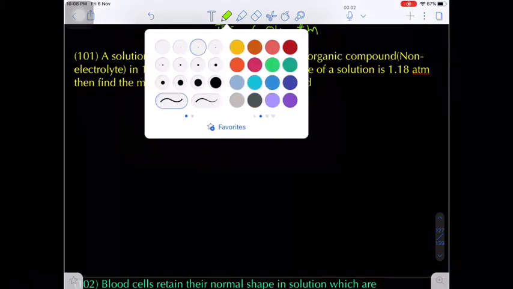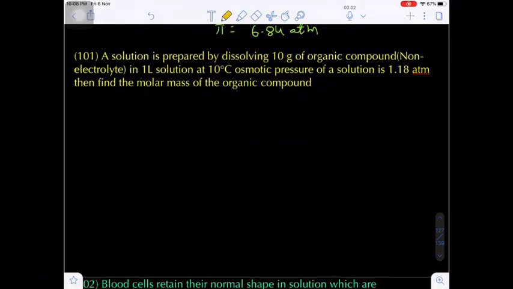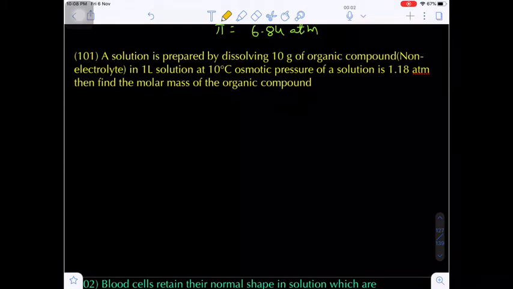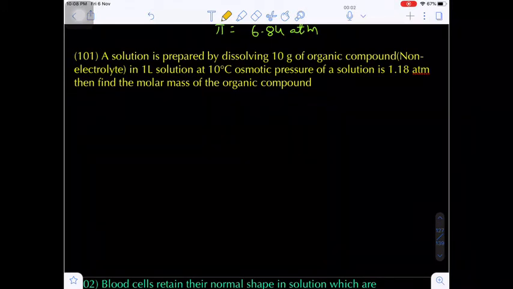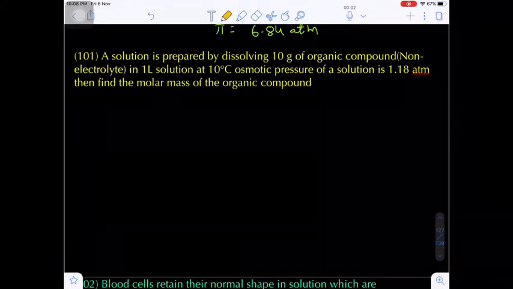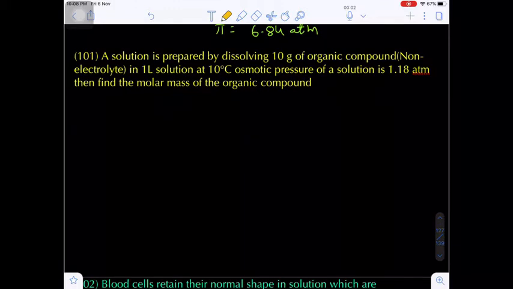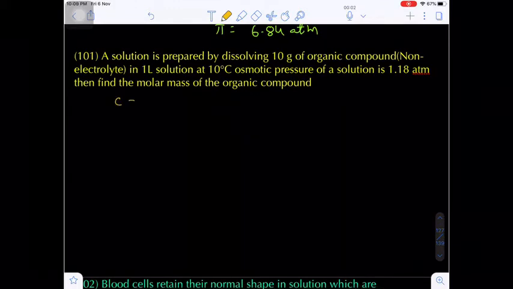Okay. Now question number 101. In question number 101, a solution is prepared by dissolving 10 grams of an organic non-electrolyte compound in 1 liter solution. At 10 degrees Celsius, the osmotic pressure of the solution is 1.18 atm. Then find the molar mass of the organic compound. First of all, how to find the concentration, molarity?